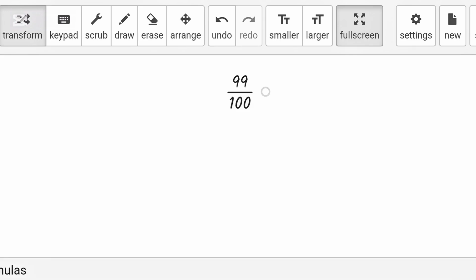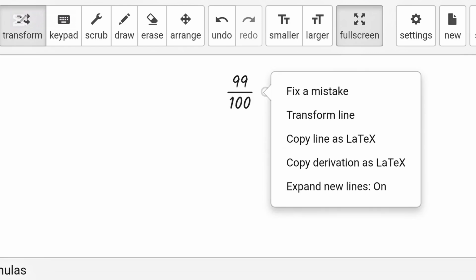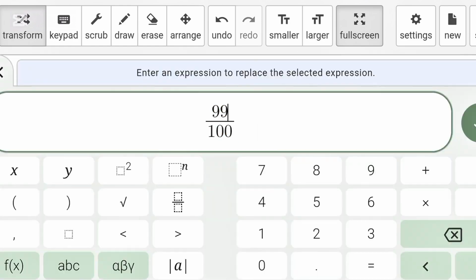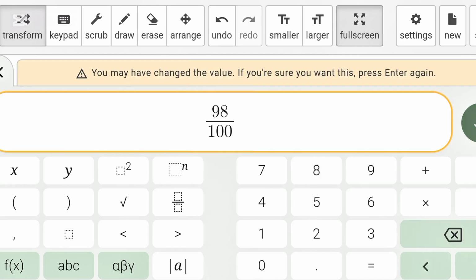We need a difference of 1 always. So let's get this to 98 first. I'm just going to claim that I'm fixing a mistake.